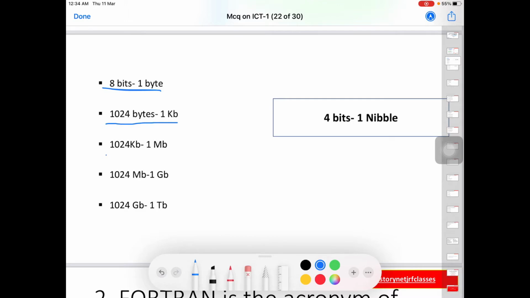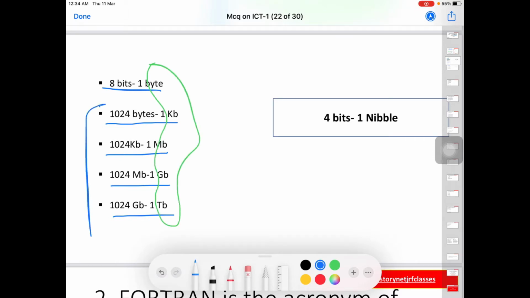Similarly, 1024 KB equals 1 MB, 1024 MB equals 1 GB, and 1024 GB equals 1 TB. The important thing is that you have to remember them and arrange them in an order so that you can easily put this value, 1024. The exception lies here: 1 byte equals 8 bits.